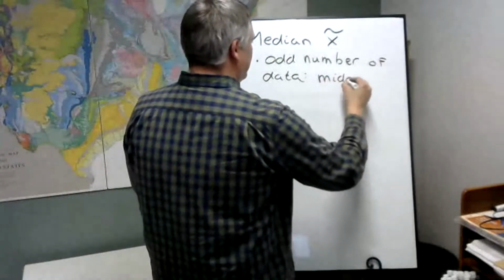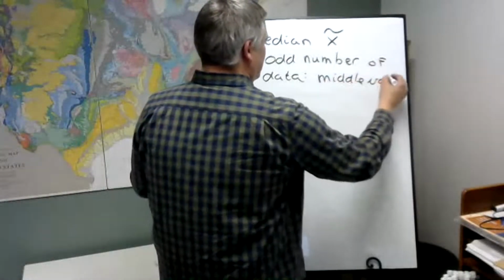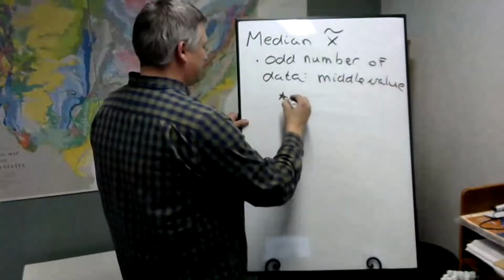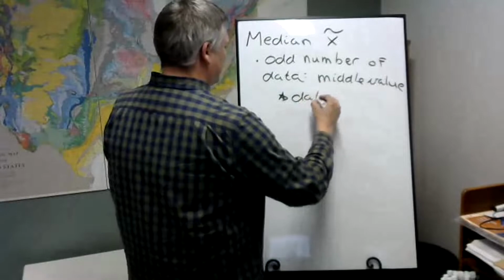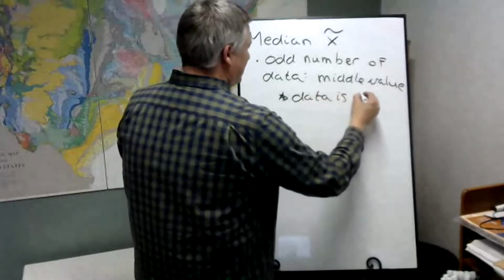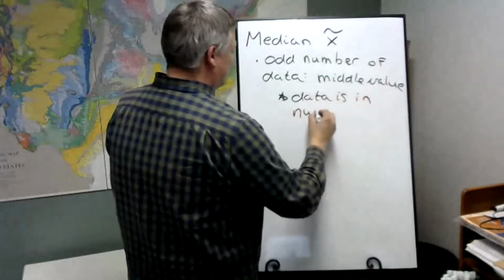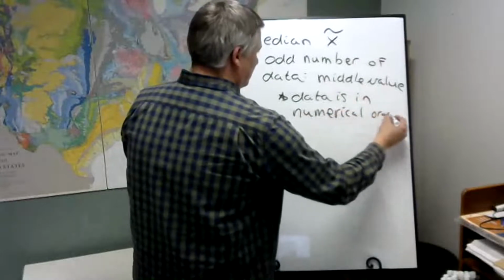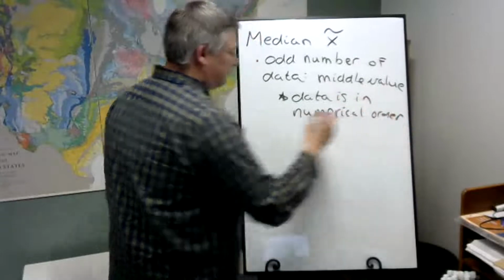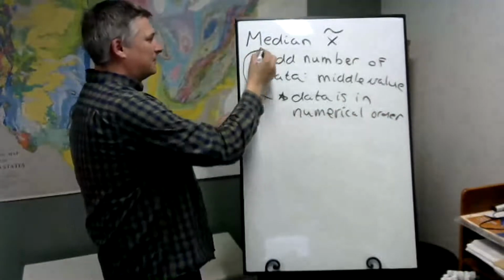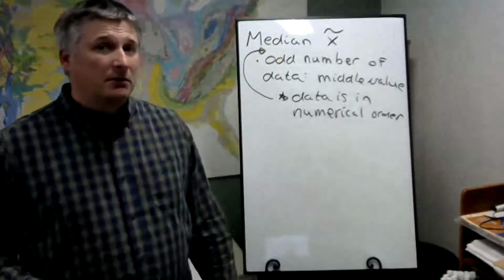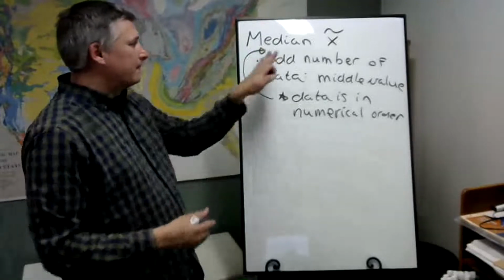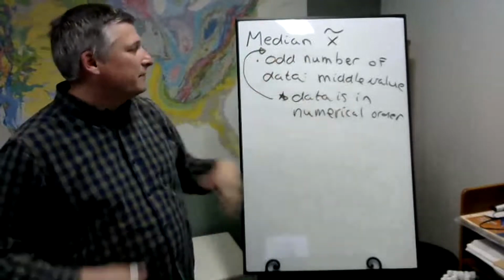Now, I need to make a point here. This is very important: we need to make sure the data is in numerical order. This should actually be first. The data needs to be in numerical order. Once we've got it in numerical order, then we look for the middle value if we have an odd number of data values.